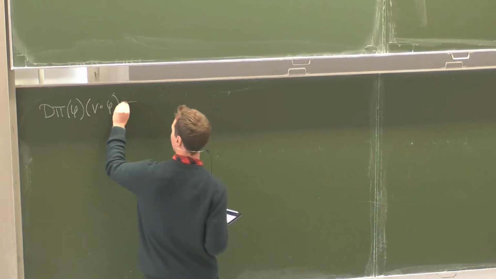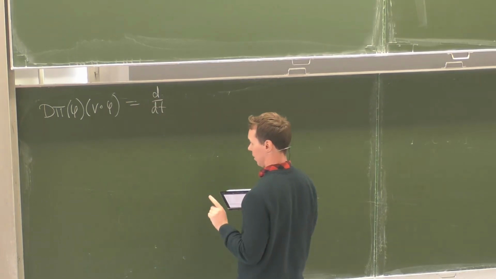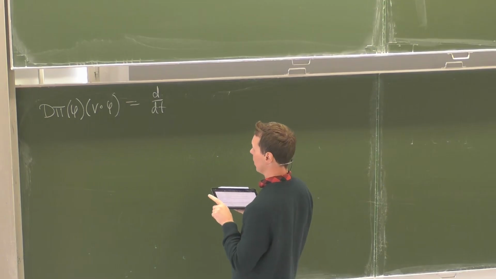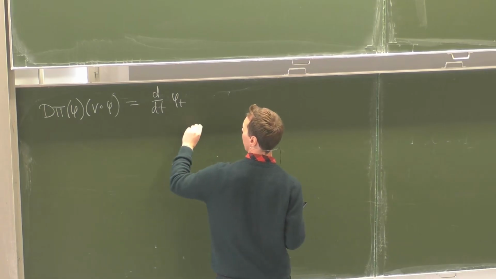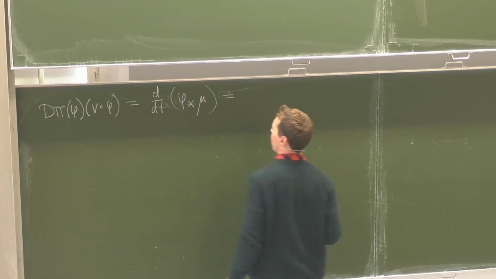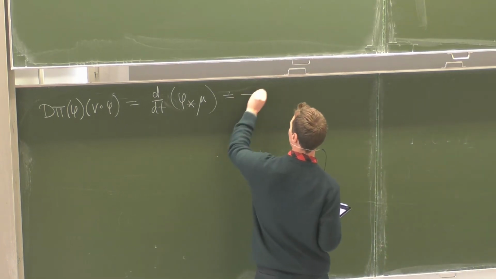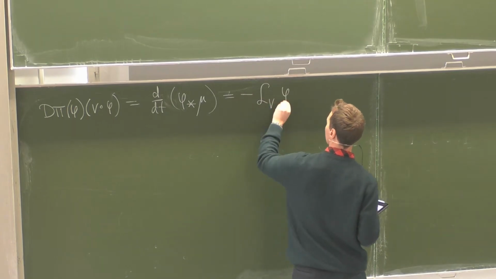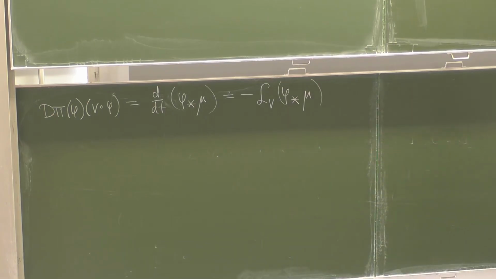I can think of this as d/dt of a variation of phi in the direction V, this would be something like phi pushed forward of mu. Then it's calculus, Lie derivatives, to see that in fact this is minus the Lie derivative of V applied to mu. That's nice. What does that mean?